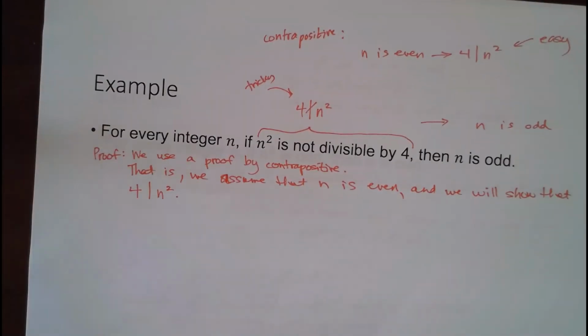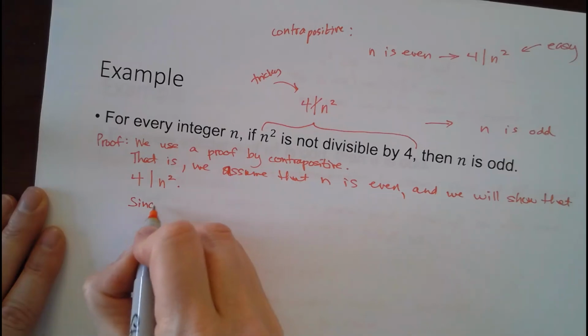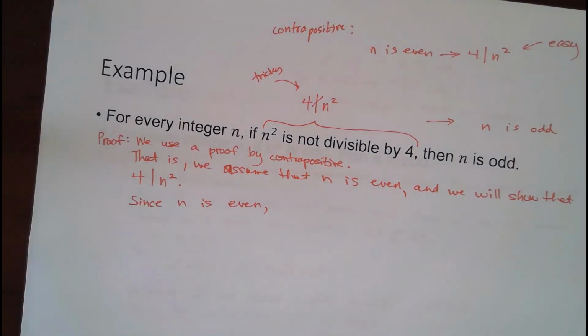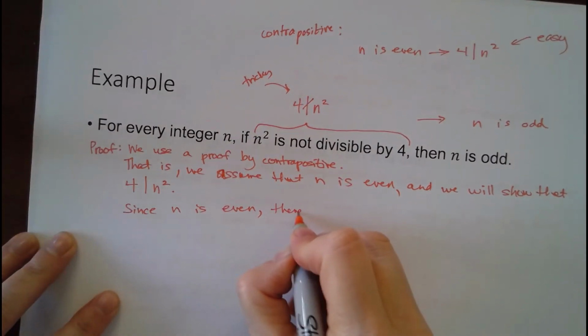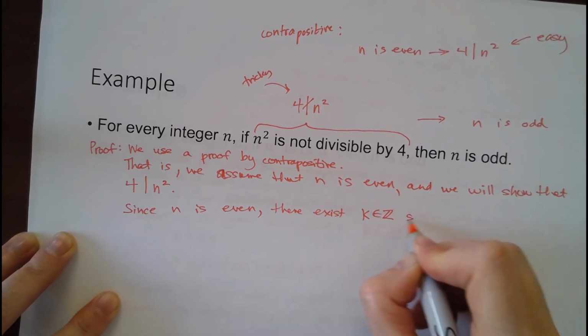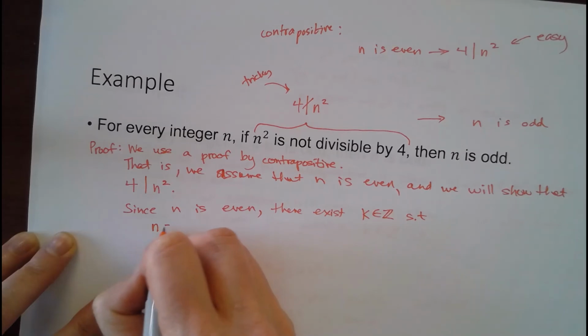So here is our assumption that n is even. So since n is even, what can we conclude? Okay, good. So there exists an integer k such that n equals 2k.